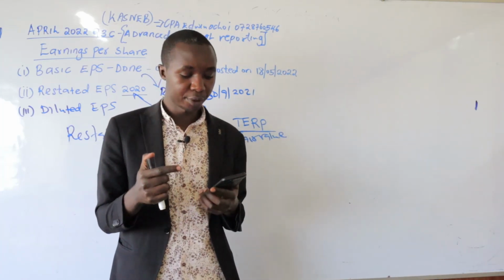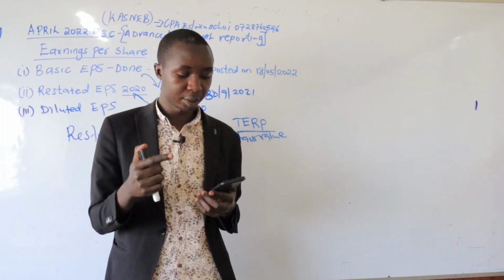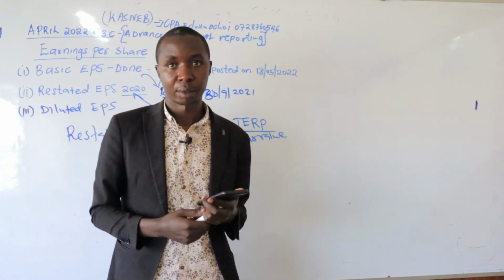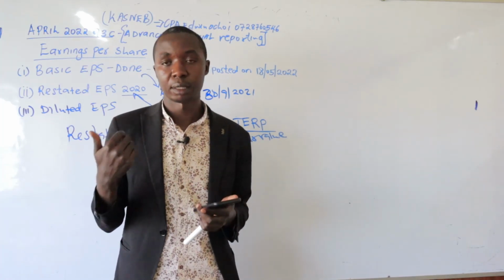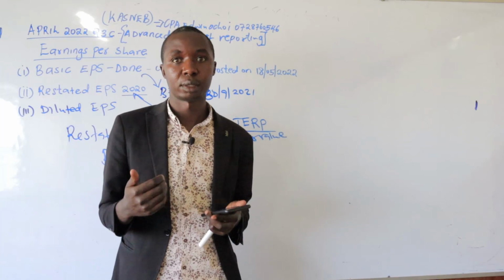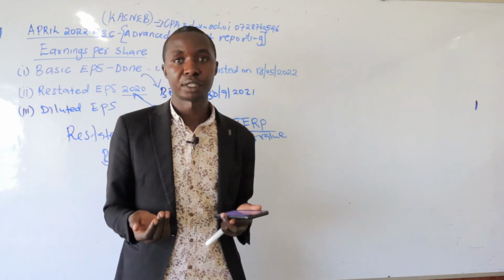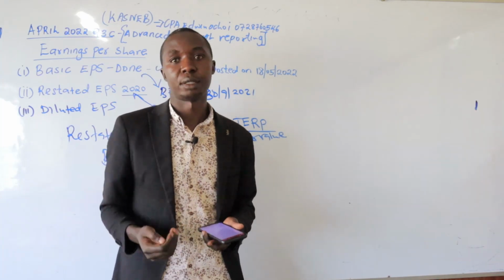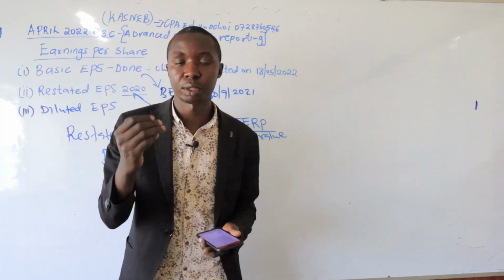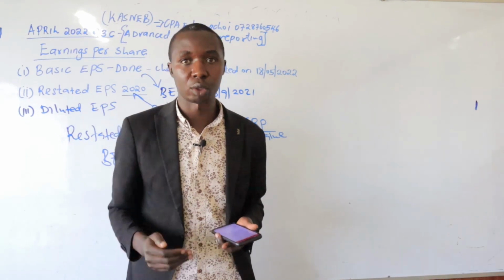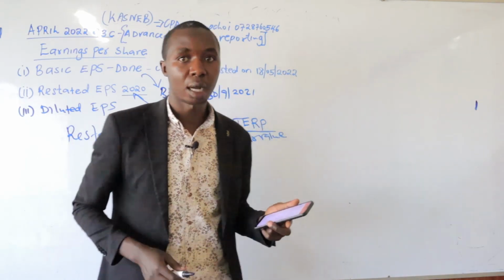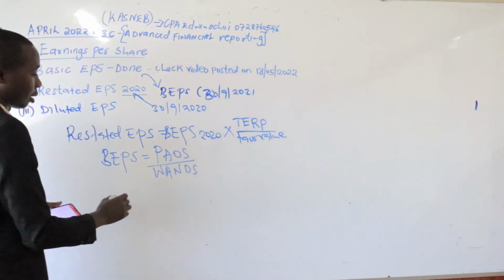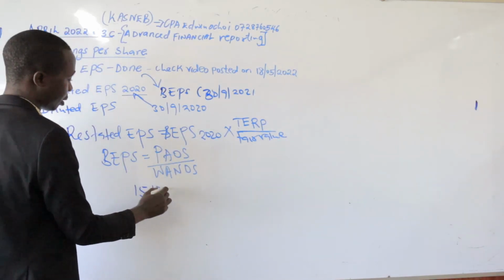So the profit for the year ended 30th September 2020 was 15,100. But in that year, there is no profit attributable to the NCI and there are no dividends attributable to the preference shareholders. So our profit attributable to ordinary shareholders for 2020 is 15,100.